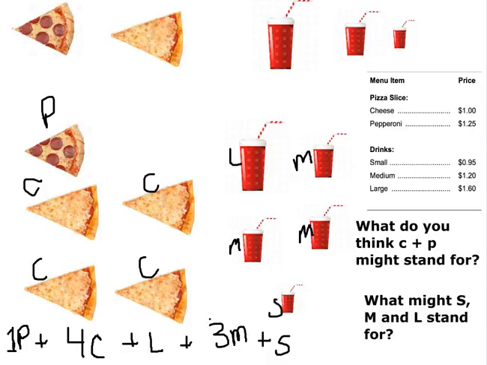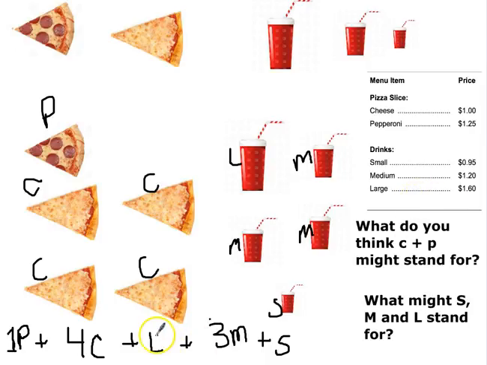Excellent. And I could also find my prices because I know a cheese pizza is $1. So this would actually be 4 times $1, which would be $4. A pepperoni pizza is $1.25, so this would be $1.25.